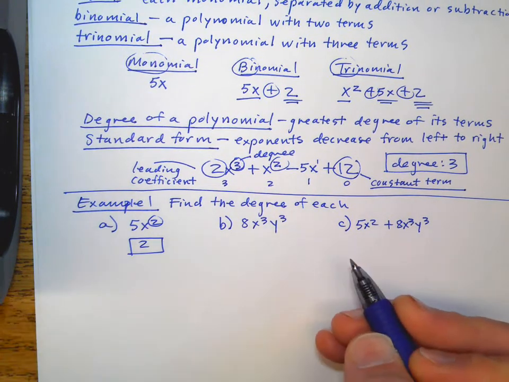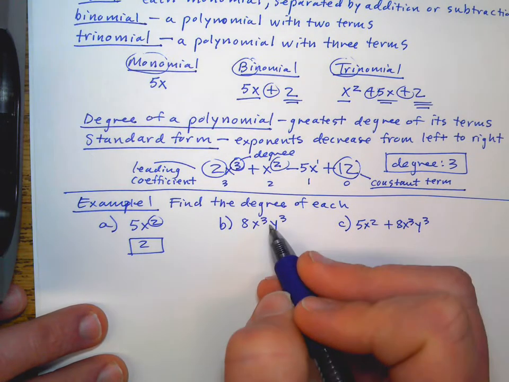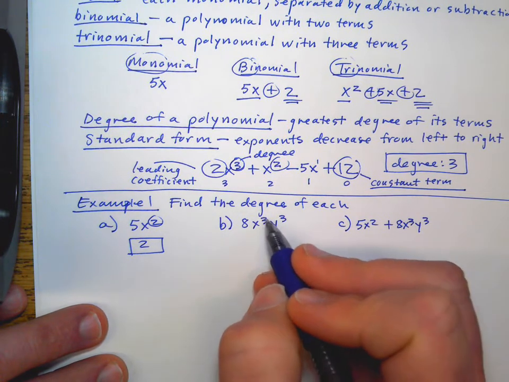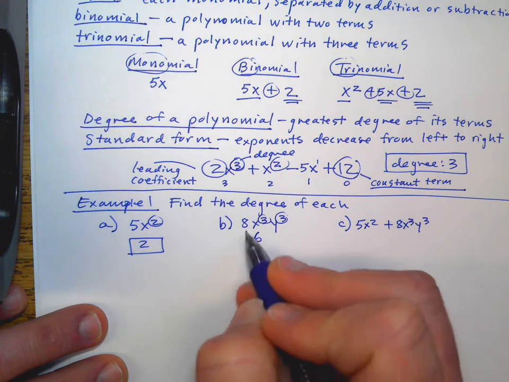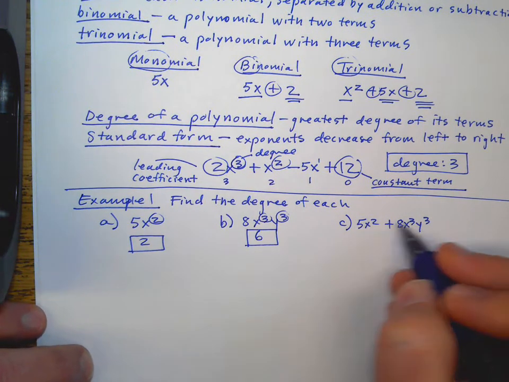Now this one, this is also a monomial. There's no addition or subtraction. This is one term. And the degree of this term is, if you add all these powers up that are on variables in the same term, the degree of that term is 6. The degree of this one is a binomial.